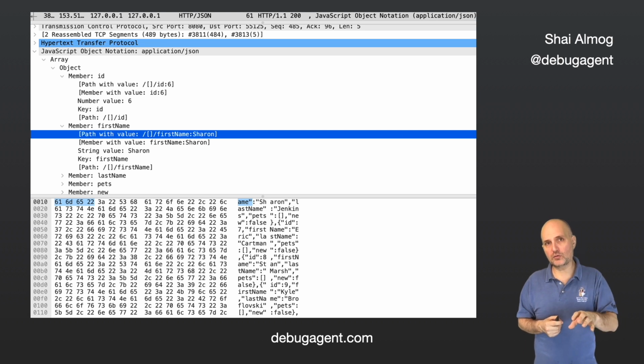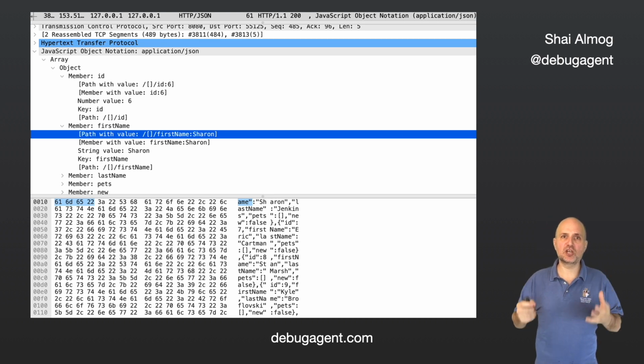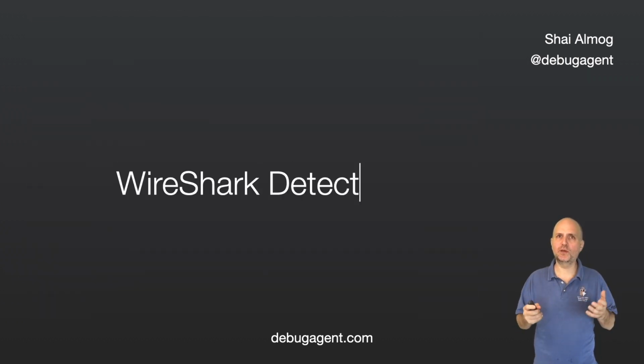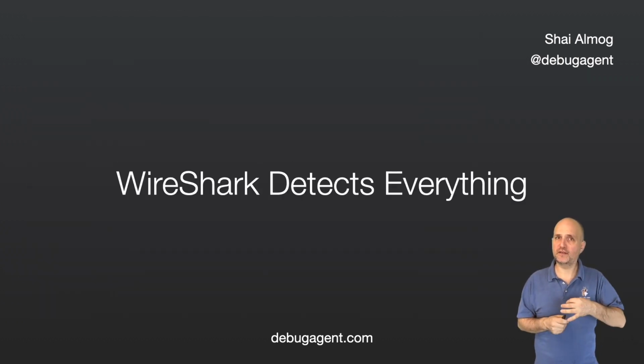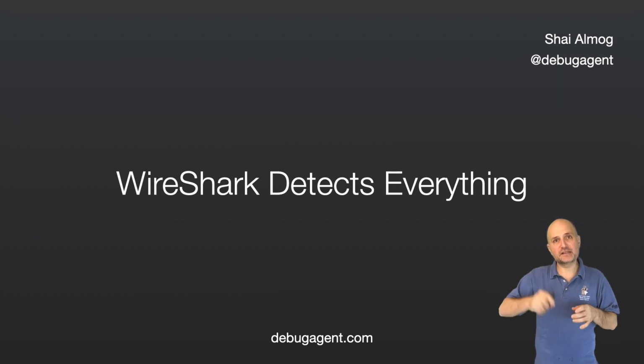If you look one level up, you will see a tree marked as array. This is the JSON array from the response. To be clear, Wireshark detects the HTTP protocol, then detects that the response type was JSON.